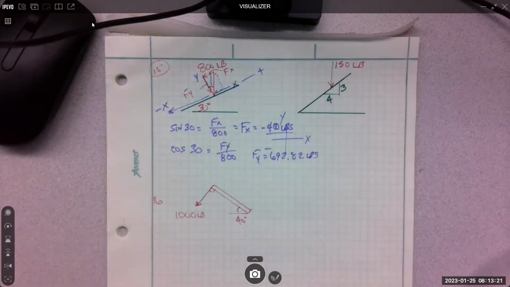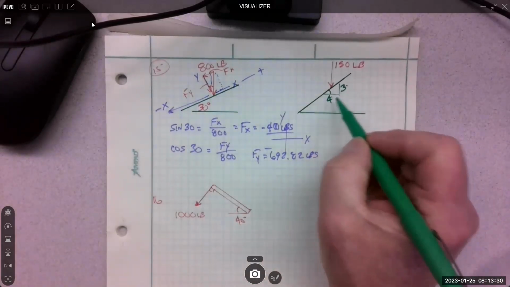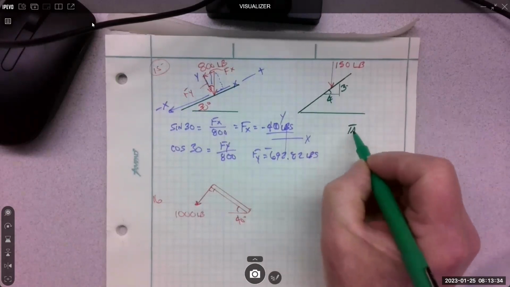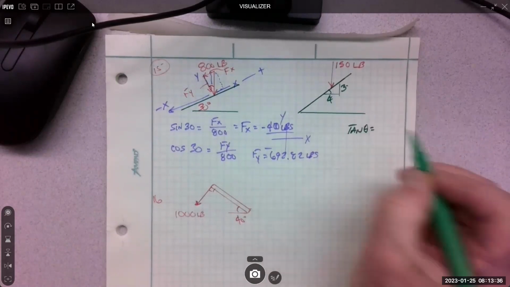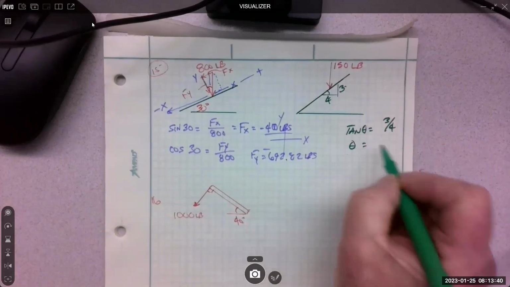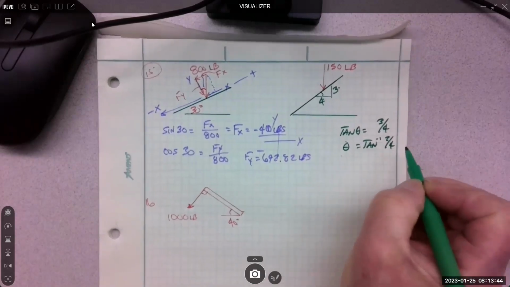So it's giving you a 3, 4, 5 triangle. But even if you didn't know 3, 4, 5, if you know that and that, how could you get that angle? Yeah, so tangent theta is 3/4. So theta equals tangent inverse of 3/4.